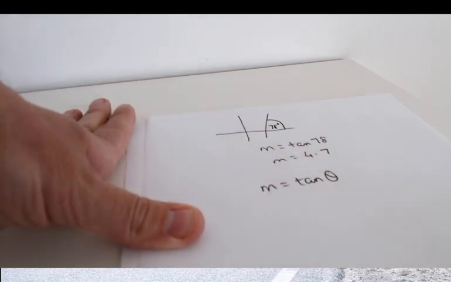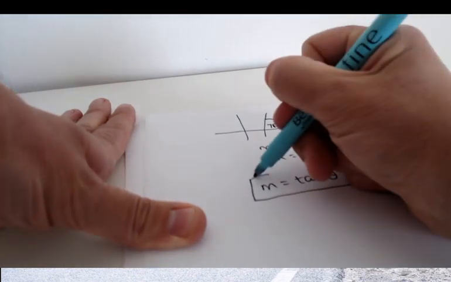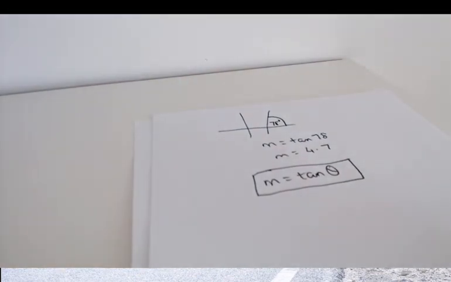Why theta? Us mathematicians love the Greeks. This is the rule that we're going to use. M equals tan theta. This is a rule that you are expected to remember. Just like the gradient formula, y2 minus y1 over x2 minus x1, you're meant to know this.